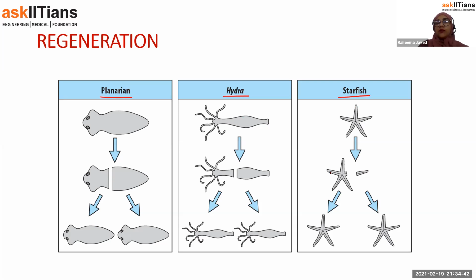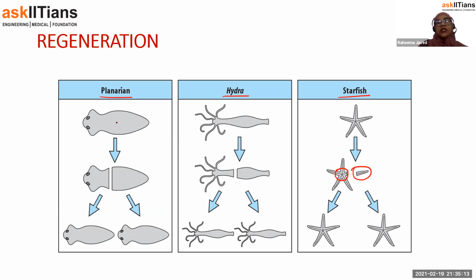Suppose the central disc of the starfish is removed, and then this arm will be capable of developing into an adult. Their arms also can regenerate, which specifically is shown in this diagram.